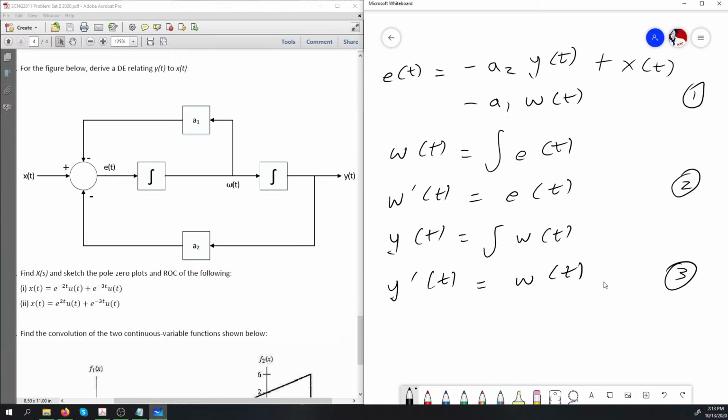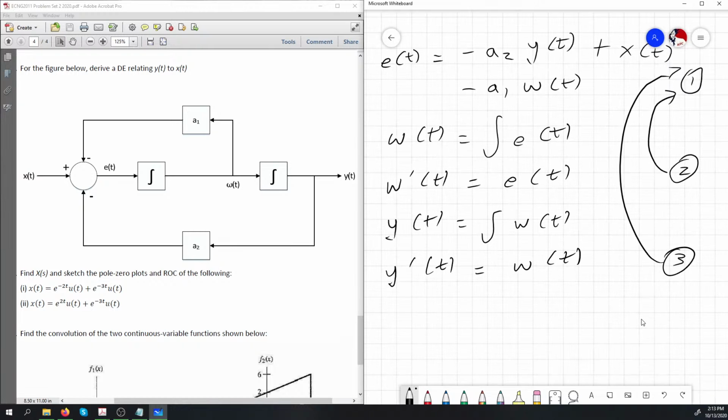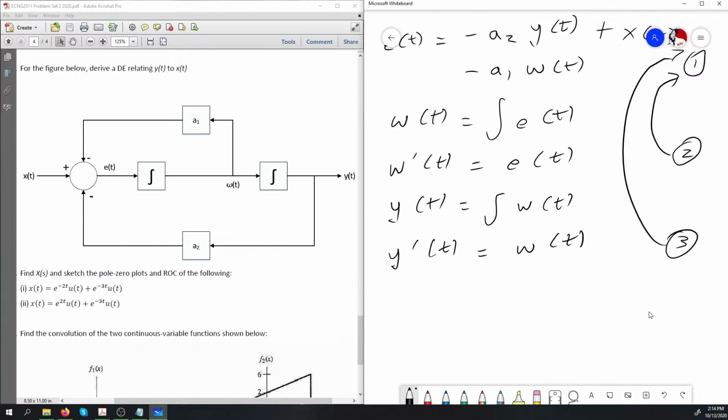So if we substitute equation 2 into 1, and equation 3 into 1, e of t here is omega prime of t equal to minus a2 y of t plus, we had our x of t signal here, minus a1, and we know omega of t here was equal to y prime of t.